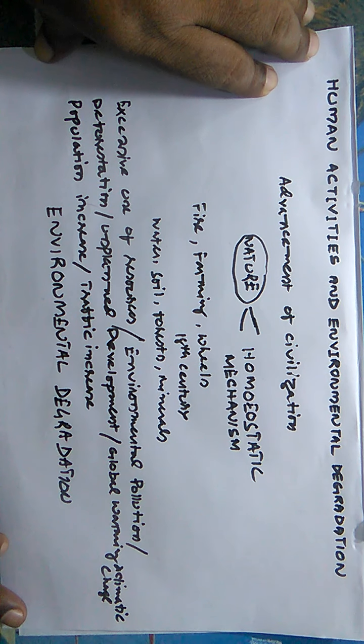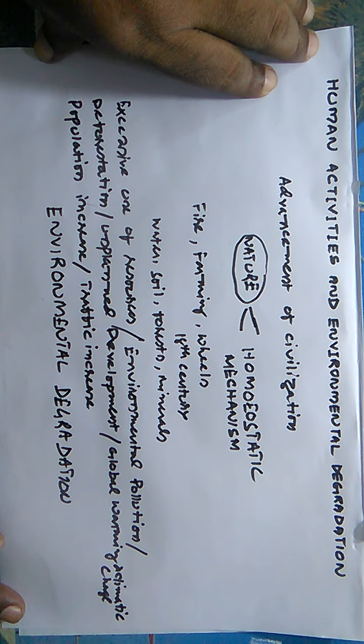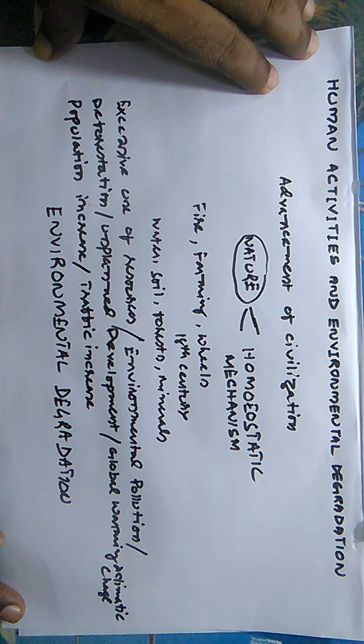In fact, as a result of the excessive cutting down of trees, soil erosion has taken place, floods have become frequent, and there is loss of biodiversity, expansion of deserts, and loss of soil fertility. These are only some of the effects of environmental degradation.